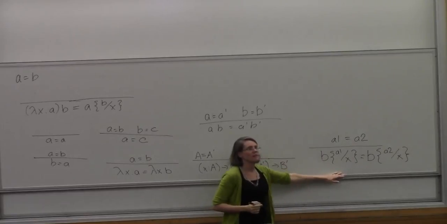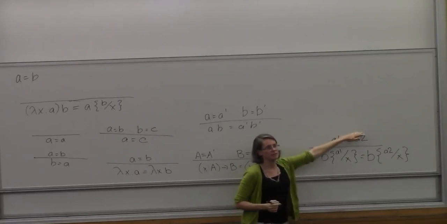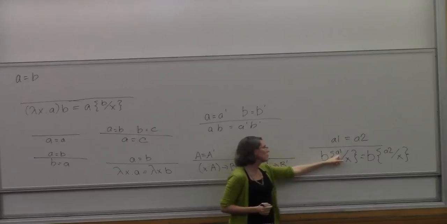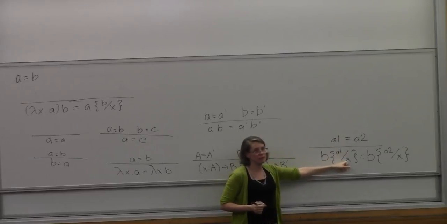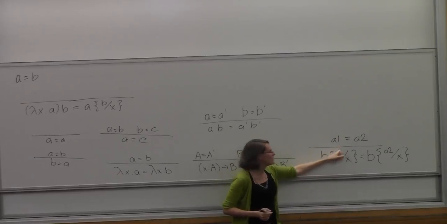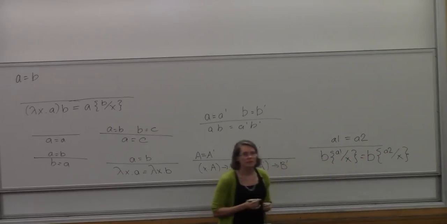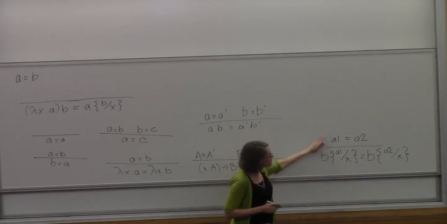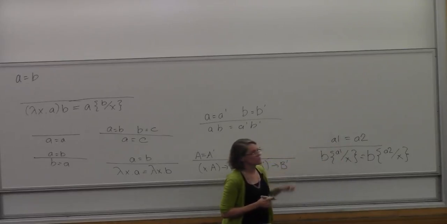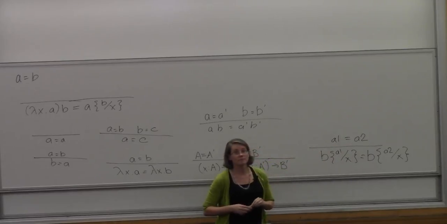That if A1 is equal to A2, then we can take B and put it in anywhere inside of B. If we put A1 there, that's going to be equal to having B with A2 there. Knowing this is true will also help us later when we start reasoning about equality.